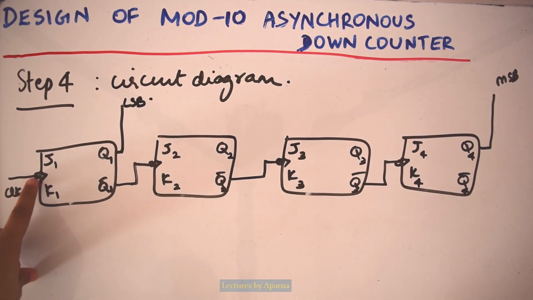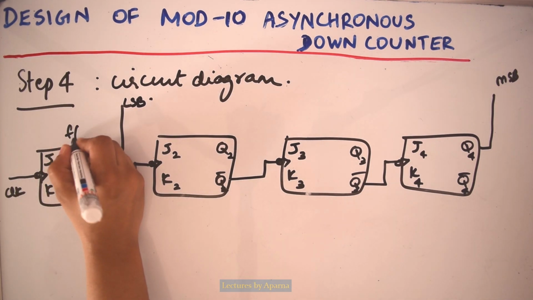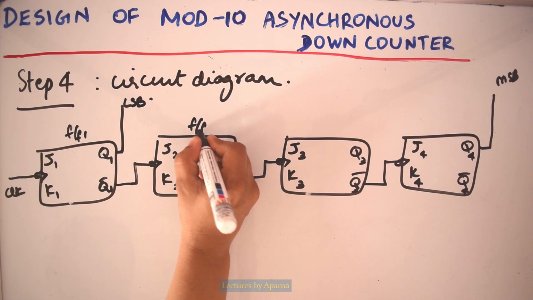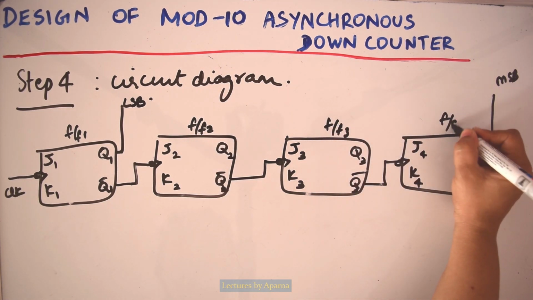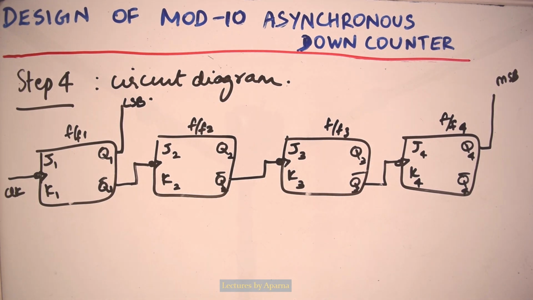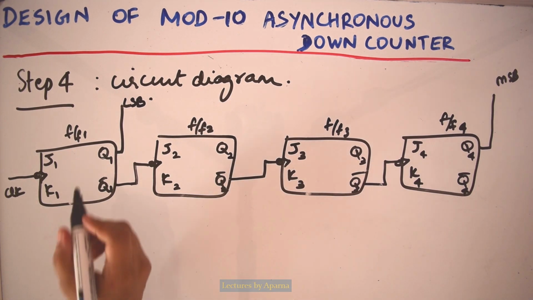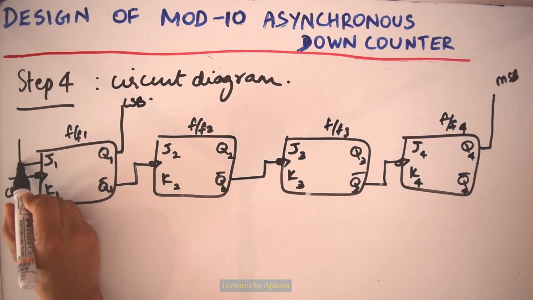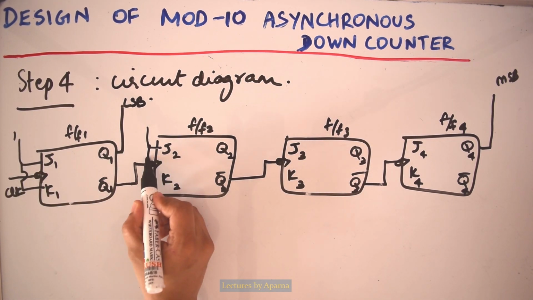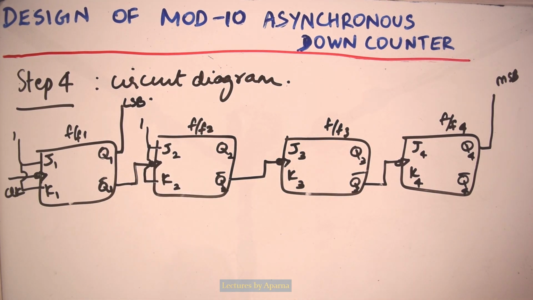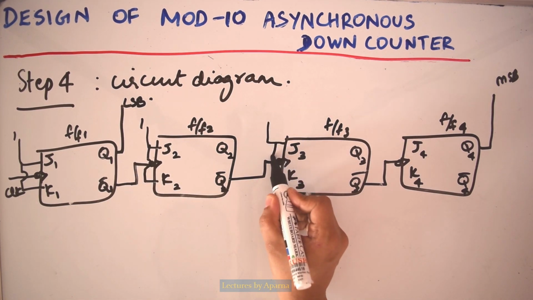The bubble is given here to indicate that this flip-flop is negative edge triggered. This is flip-flop 1, flip-flop 2, flip-flop 3 and flip-flop 4. Now the inputs J and K is connected to a 1. Why are the inputs connected to 1? Why are they tied together and connected to 1?